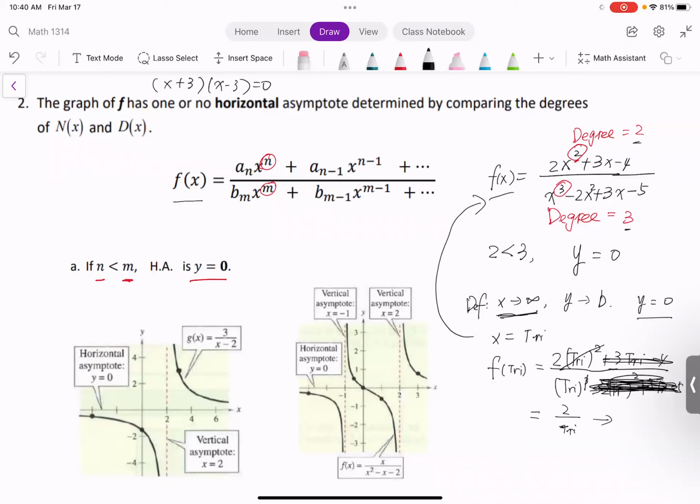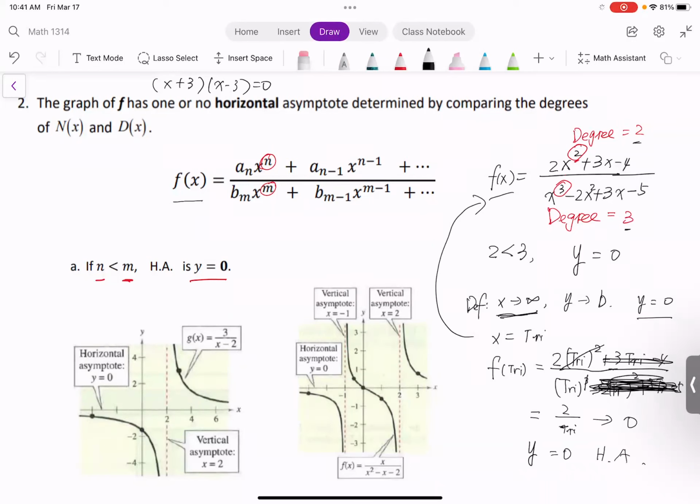That's a huge number at the bottom, so it approaches 0, because 2 is too small and the trillion is too big. So the ratio approaches 0. So y approaches 0. So y equals 0 is the horizontal asymptote.